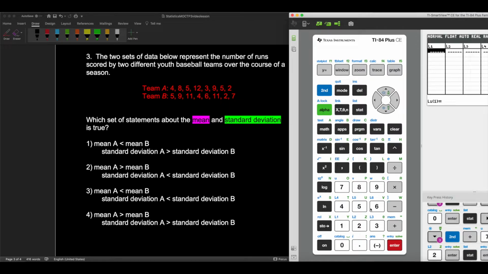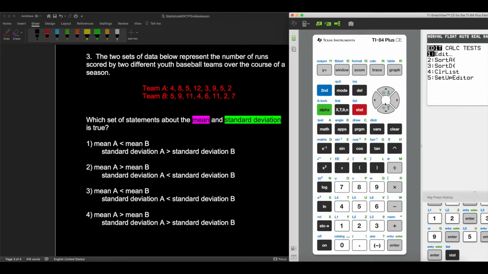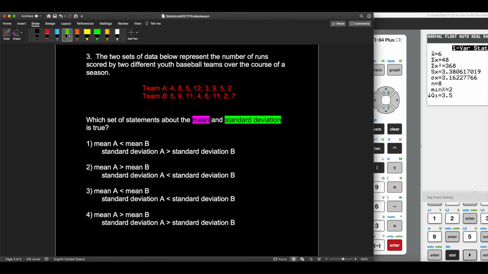Stat enter. 4, 8, 5, 1, 2, 3, 9, 5 and 2. Stat right enter. And there you go. Mean 6. Whoops.